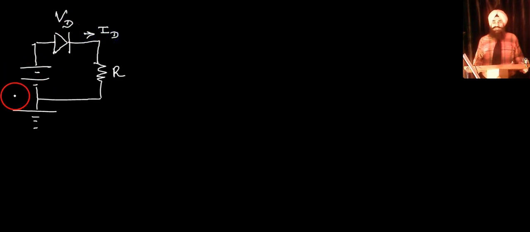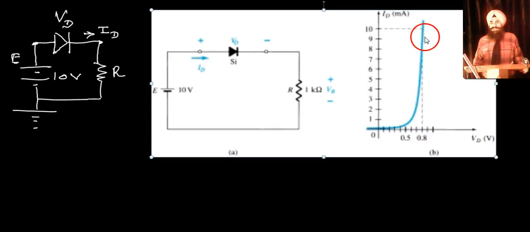The current flowing is ID. The battery is 10 volts and we call it E. And across the diode the voltage is VD. Now this is our diode characteristics curve. 1 kilo ohm is the external resistor, meaning the load resistor, with a silicon diode and a 10 volt battery.